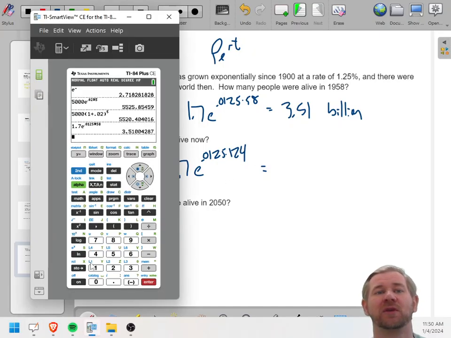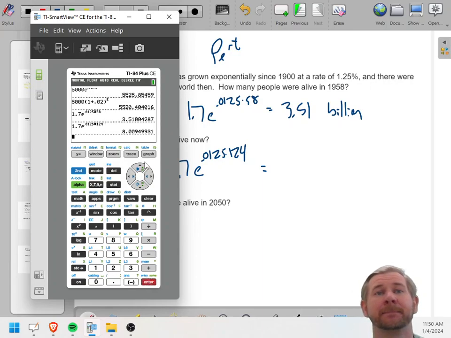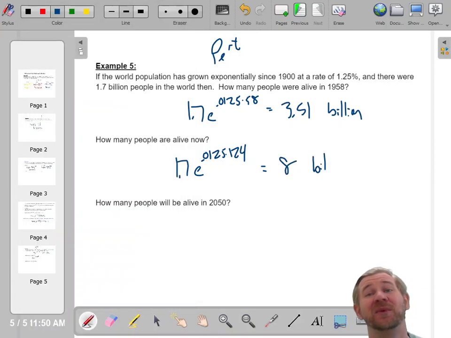So what should we expect the world population to be based on this model? E, 1.7, E, 0.0125 times 124. It should be about 8 billion. That's pretty good. We'll say 8 billion, which is, we just hit the 8 billion mark in 2023.